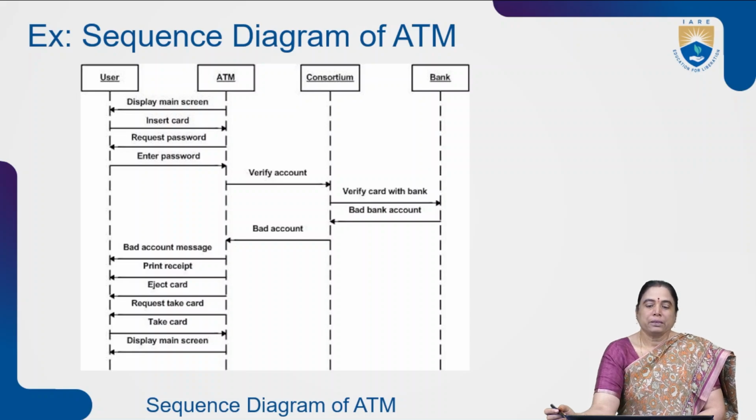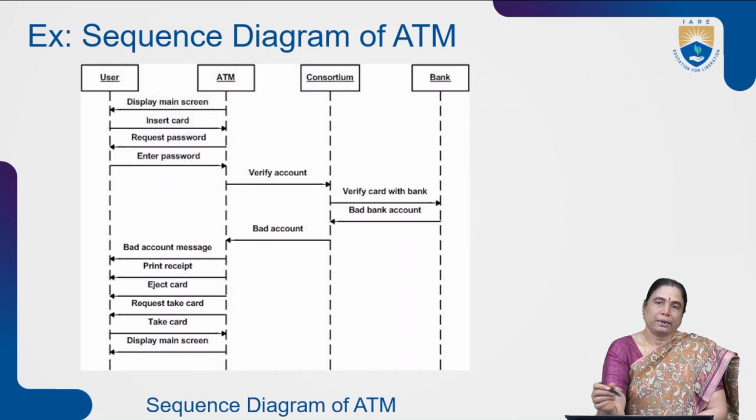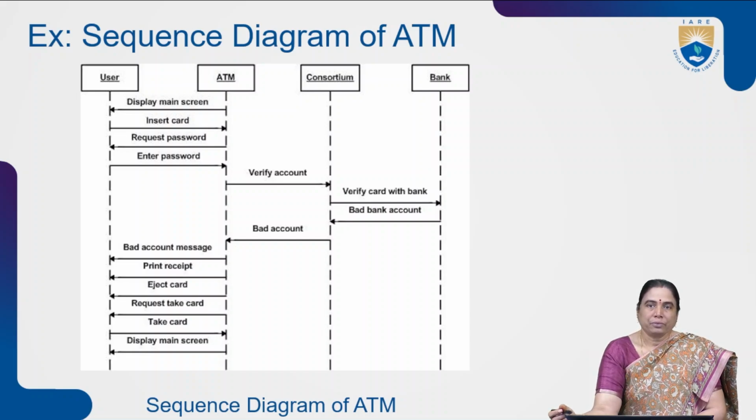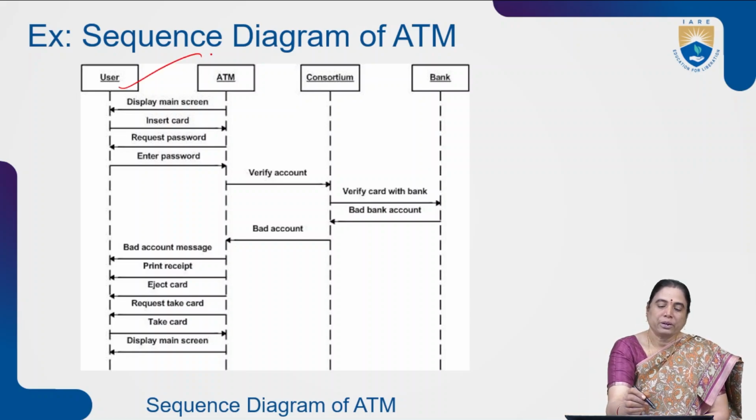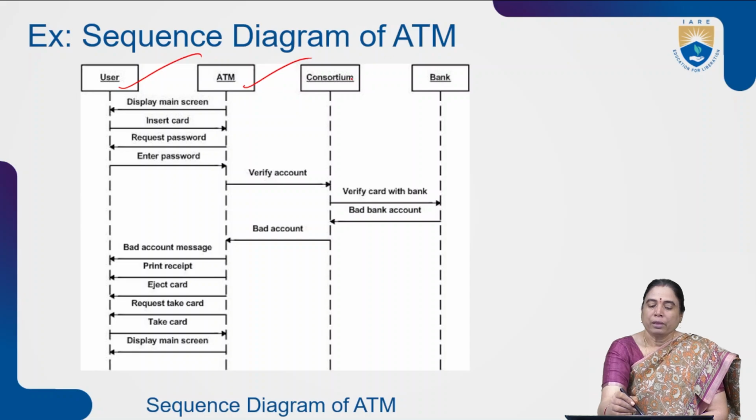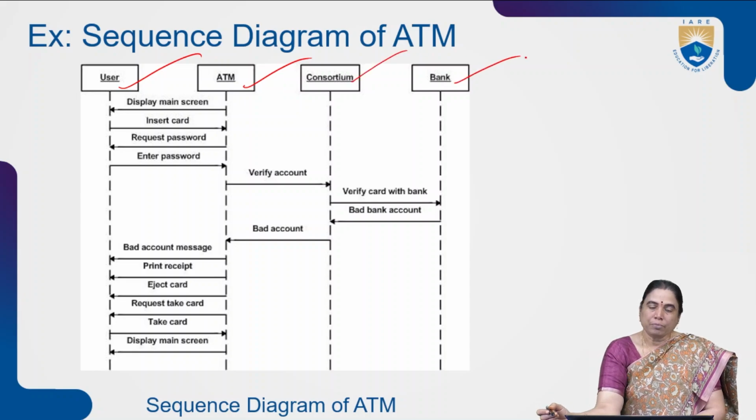Another diagram that helps with behavior modeling is the sequence diagram. The sequence diagram represents the sequence of activities to perform a transaction with the objects by message passing. Here the user, ATM, consortium, and bank are the objects.